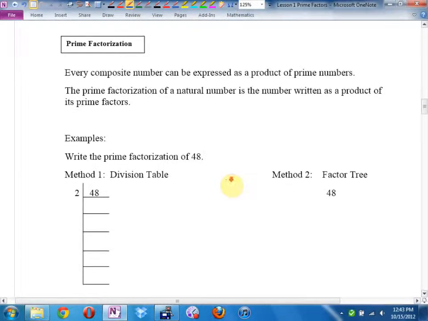So, next page. Every single composite number, non-prime number, can be expressed as the product of primes. So the prime factorization of a natural number is the number written as the product of its prime factors.